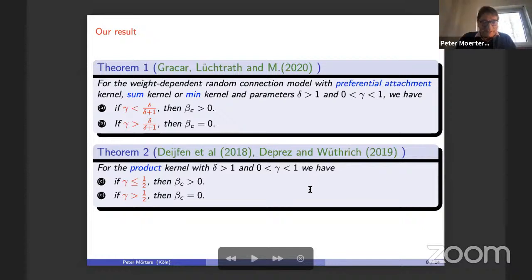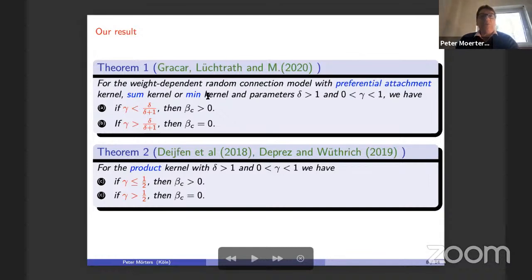There's a gamma and a 1 minus gamma, they're both a half in this case, and then you're bang in the middle of this first regime where you have a subcritical phase, and therefore as a byproduct, you see that in this case, you have beta C bigger than 0.